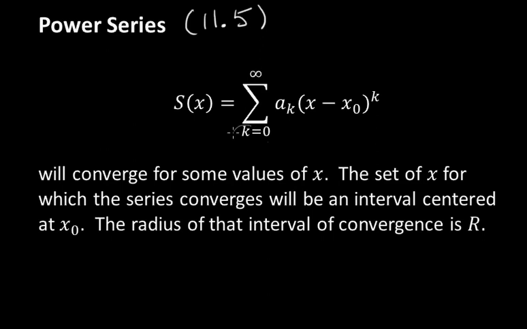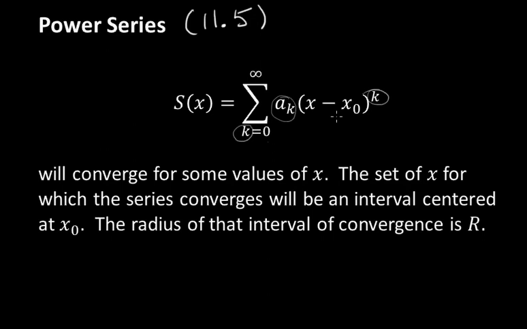So notice where the k is. You have a coefficient, and then you have powers of x minus x naught raised to the k power. X is a variable. You want to find out for what values of x this series will converge. X naught is a fixed number.